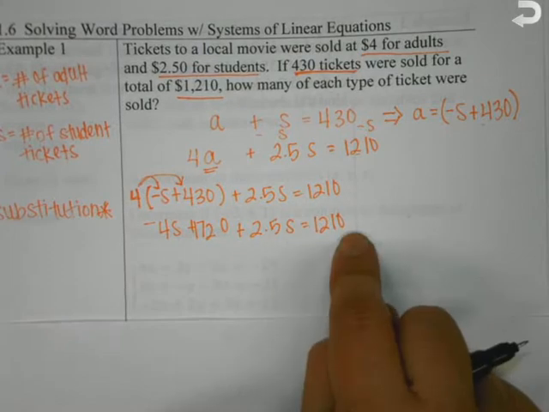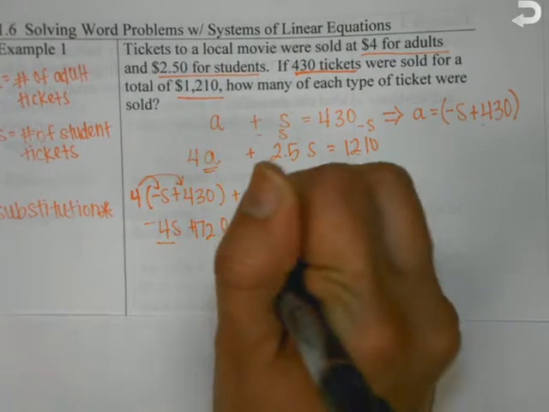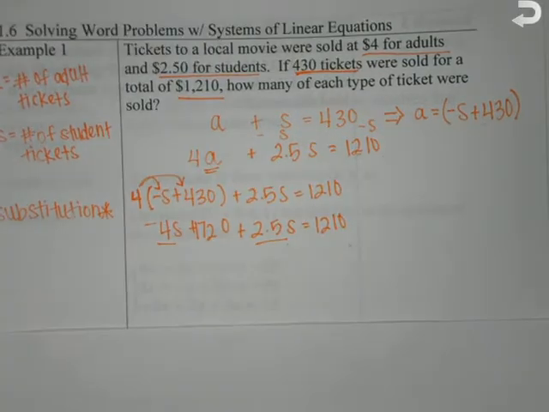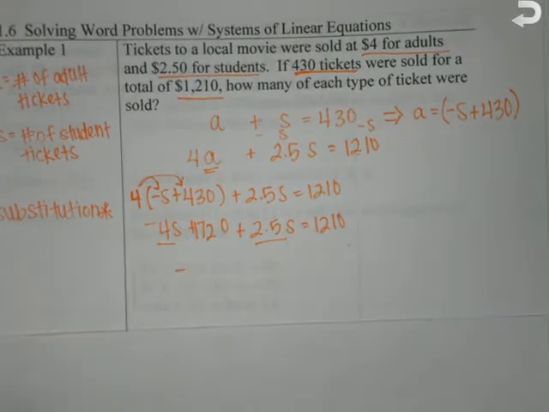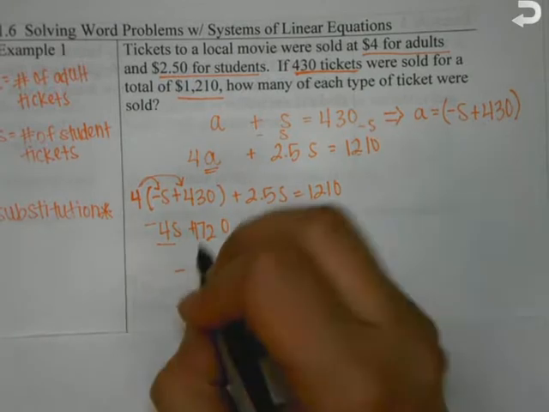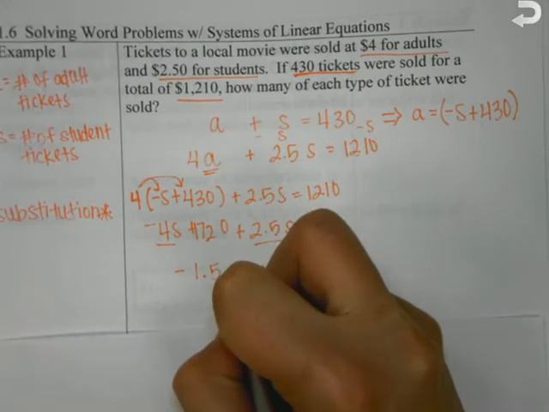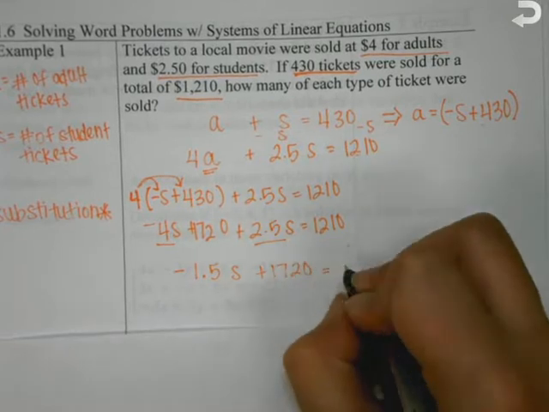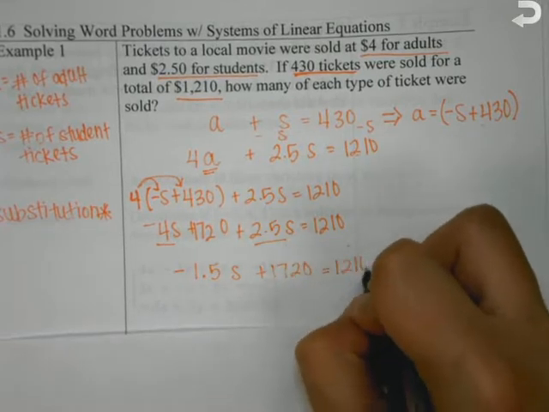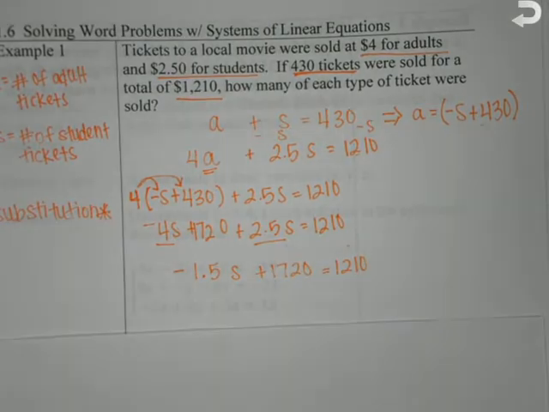Let's combine like terms. So negative 4S plus 2.5S. What is that going to give me? Negative 1.5S plus 1720 equals 1210. Subtract 1720.